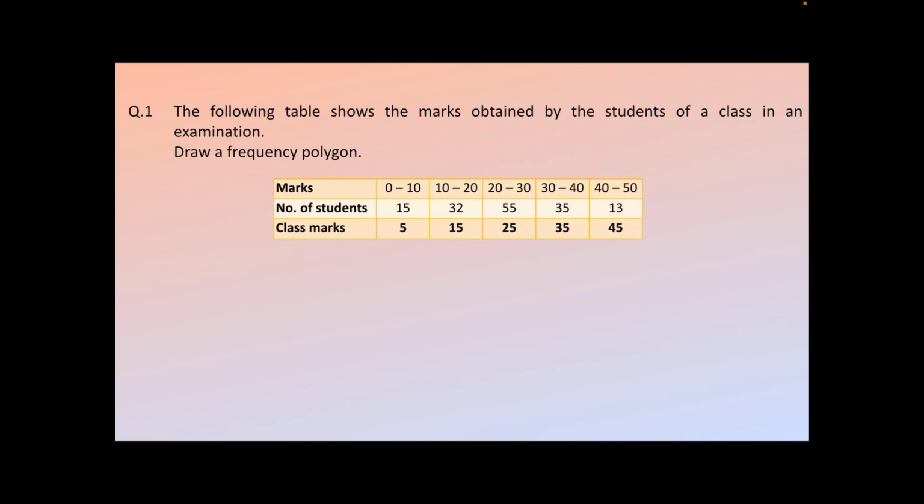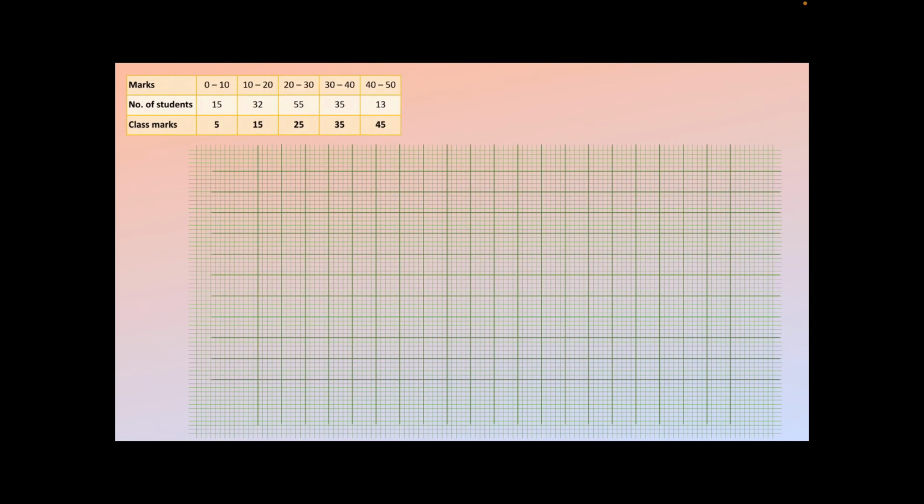Now, using these class marks and the frequencies, that is the number of students, we plot the graph. The first thing on the graph, we will label the x-axis, y-axis and the point of origin. Then, depending upon what class marks we have in the data, we take those class marks on the x-axis using a suitable scale.